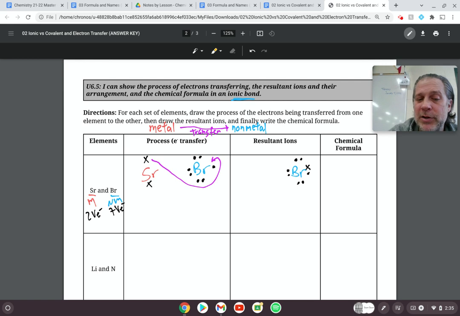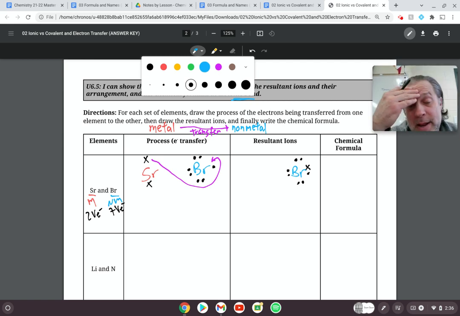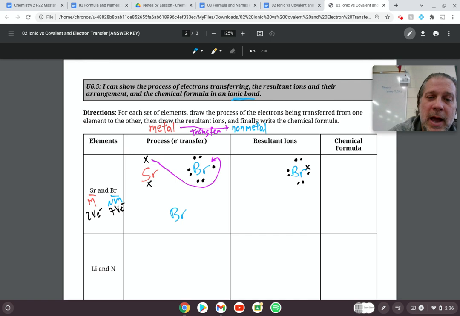Strontium, on the other hand, over here still has an electron associated with it, and we can't leave it that way. So I'm going to add another atom, and I can only add strontium or bromine. And we don't want to add a metal because we don't want to give electrons to a metal. And we know that electrons transfer from metal to nonmetal, so in this case, I'm going to add another bromine. I'm going to start with its original 7: top, bottom, left, right, top, bottom, left.